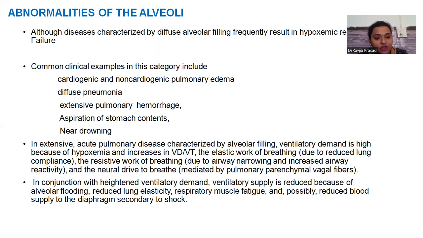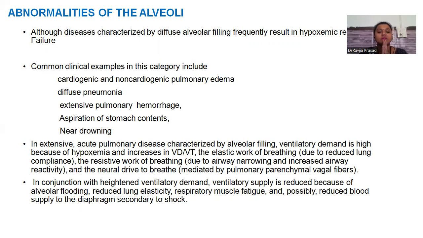In an extensive acute pulmonary disease characterized by alveolar filling, ventilatory demand is high because of hypoxemia and increased VD and VT, the elastic work of breathing due to reduced lung compliance, the resistive work of breathing due to airway narrowing and increased airway reactivity, and the neural drive to breathe mediated by the pulmonary parenchymal vagal fibers.